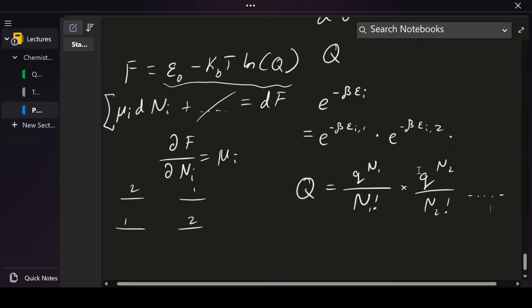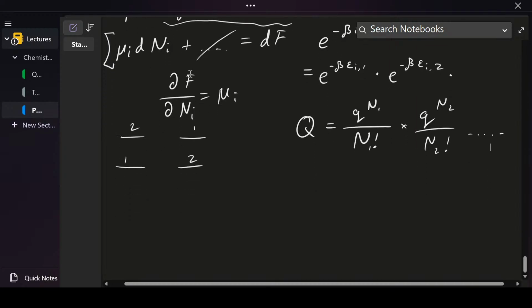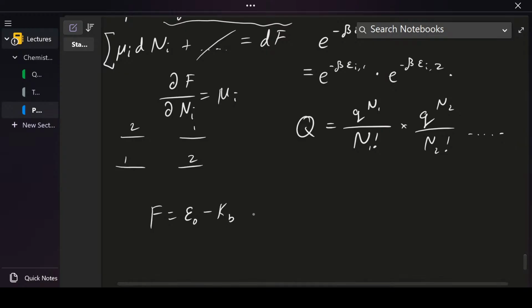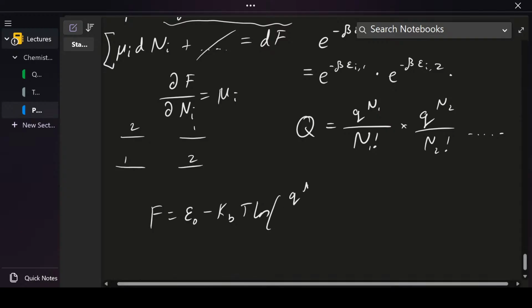And so if I were to input this into F, I can use my logarithm rules to break this up.